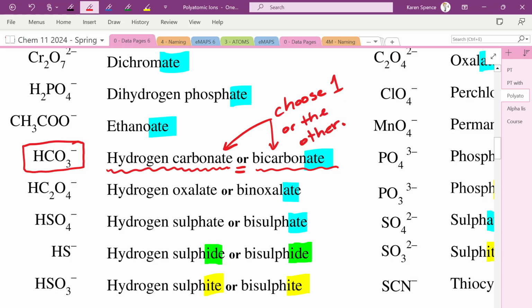But you need to recognize both, because if I give you a compound, we're going to go from names to formulas very soon. And if I give you hydrogen carbonate, you need to know it's HCO3. If I give you bicarbonate, you need to know it's HCO3. Okay, they mean the same thing. They're just different ways of saying it. Hydrogen carbonate is the official method. Bicarbonate is by far more often used. Okay?